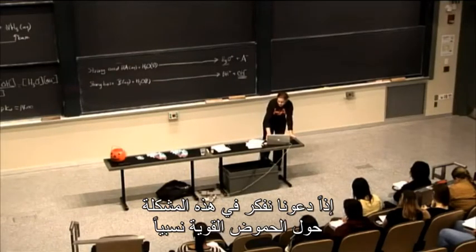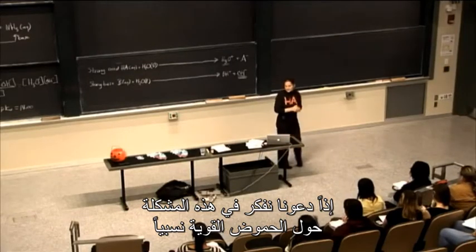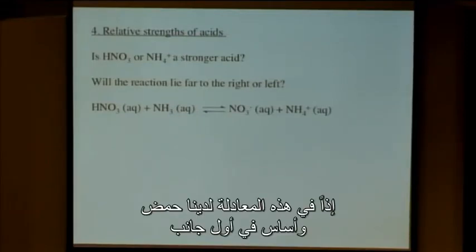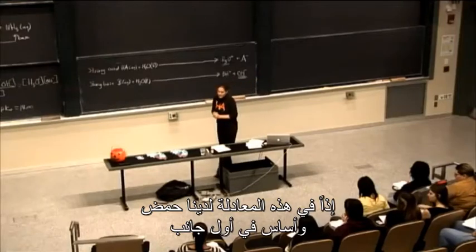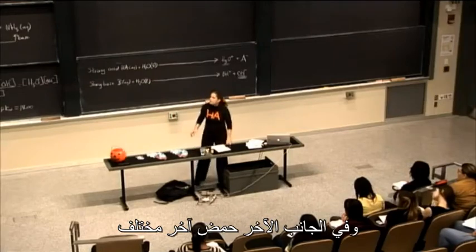OK, so let's look at this relative strength of acid problem and do an example here. So in this equation, we have an acid and a base on one side, another different acid on the other side.